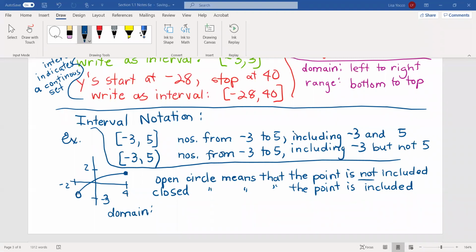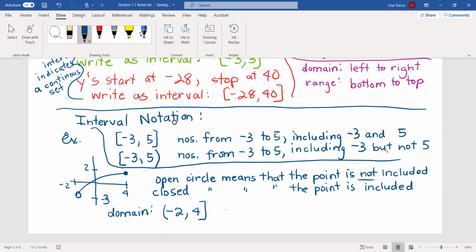So -2 is not in the domain. So my domain starts at -2, stopping at 4. The -2 is not included, but the 4 is included.